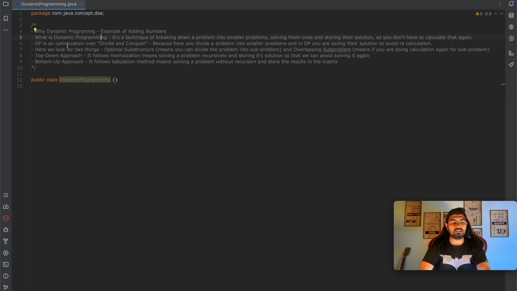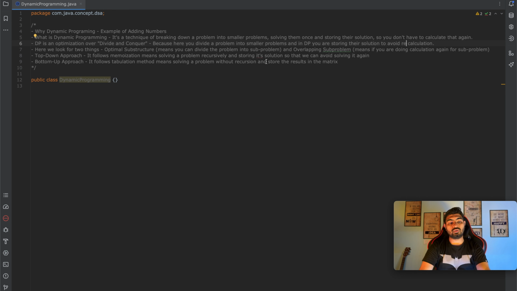Now DP is also called an optimization over divide and conquer. There is a reason for it, because in divide and conquer you divide a problem into smaller problems, and in DP you are storing their solution to avoid recalculation.